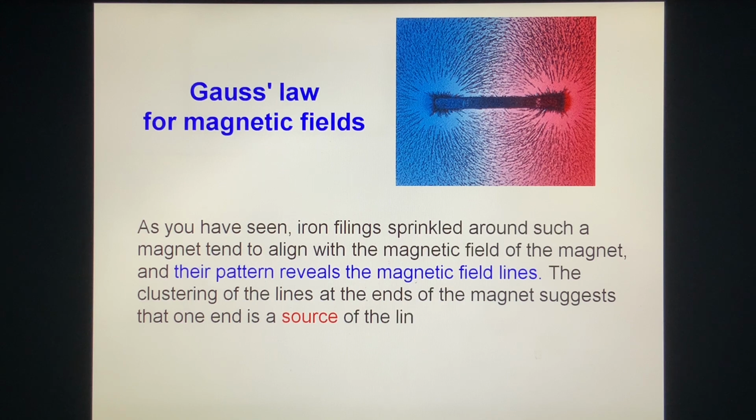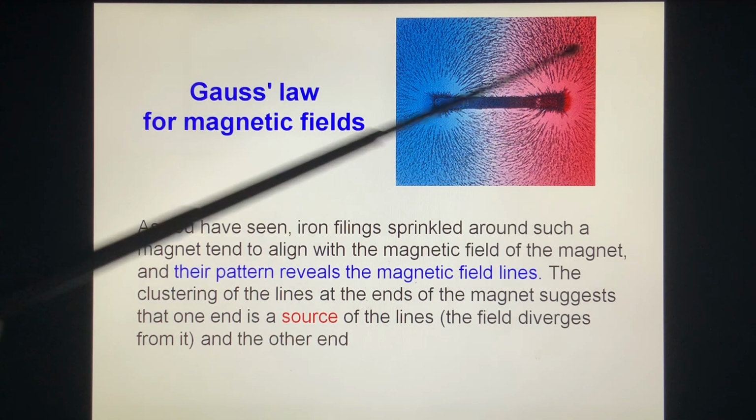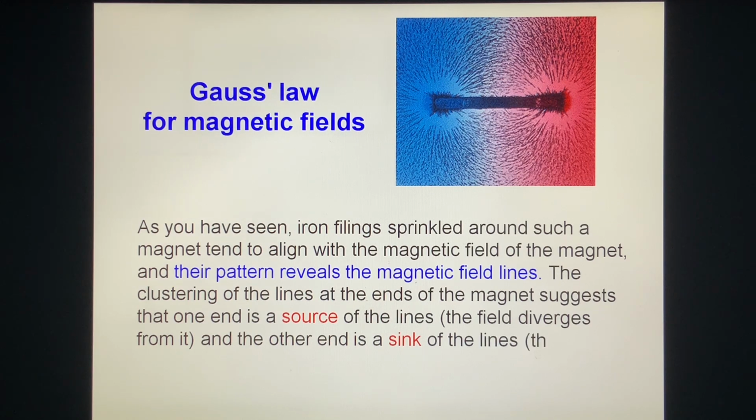The clustering of the lines at the ends of the magnet suggests that one end is a source of the lines, the field diverges from it, and the other end is a sink of the lines, the field converges towards it.